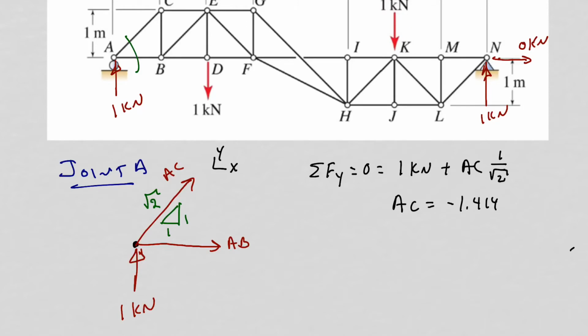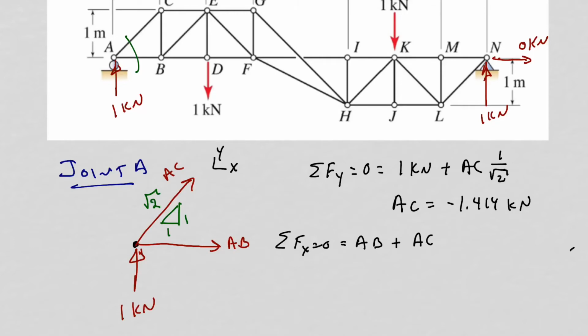This will yield AC equals a negative 1.414 kilonewtons. Then the next step is to sum forces in the X direction. For that, we have AB plus AC.